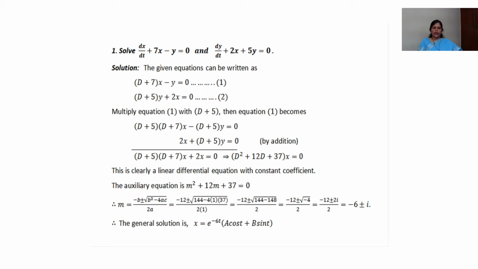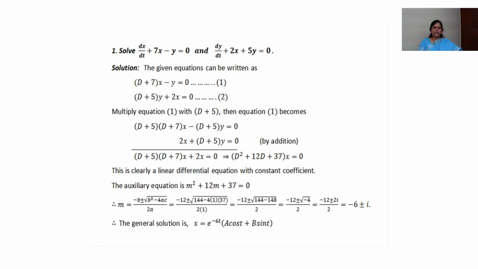Then equation 1 becomes (D plus 5)(D plus 7) x minus (D plus 5) y is equal to 0. Now we are not going to simplify equation 2, we take it as it is, but we write the x term first and then the y term.